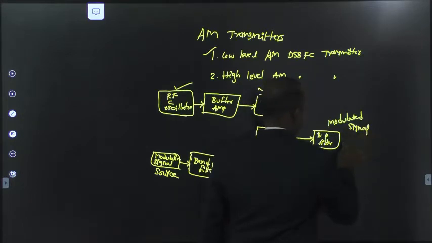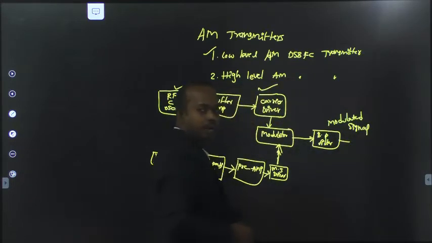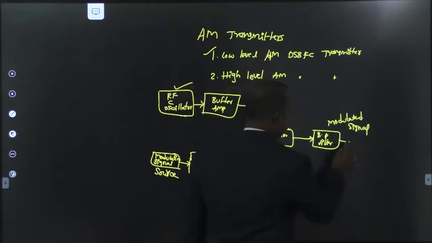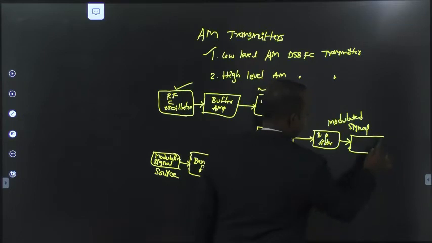Furthermore, we transfer this band pass filter output to the linear intermediate power amplifier.